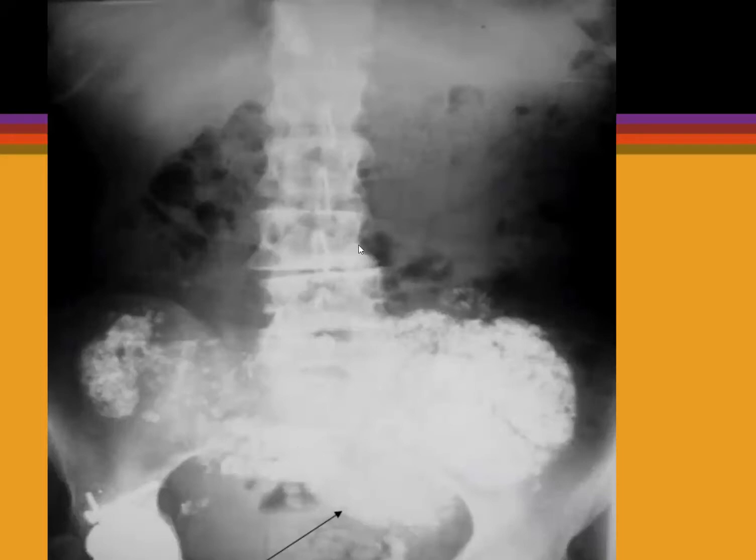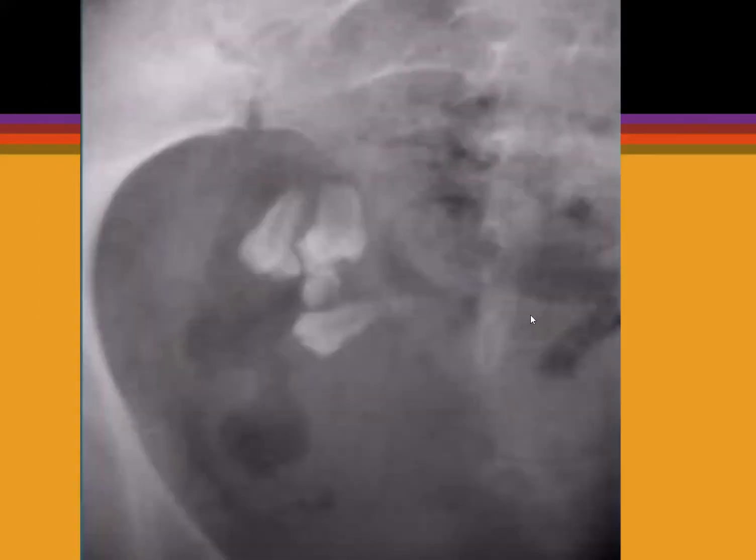There's a right-sided hip replacement, and there's some degenerative disc disease with disc space narrowing. But this kind of calcification, consider calcified fibroids. This is an absolutely beautiful example of a patient with right iliac fossa pain, young female patient.